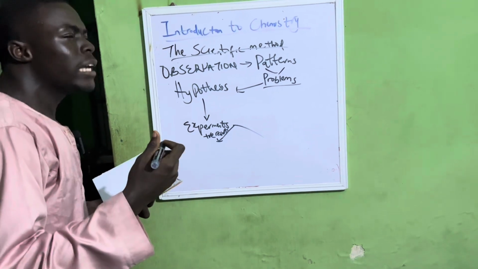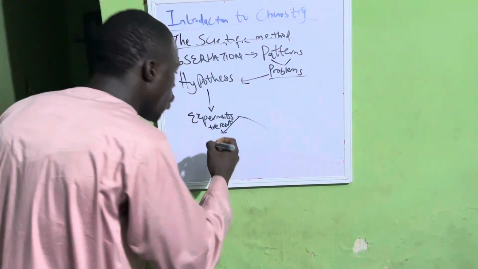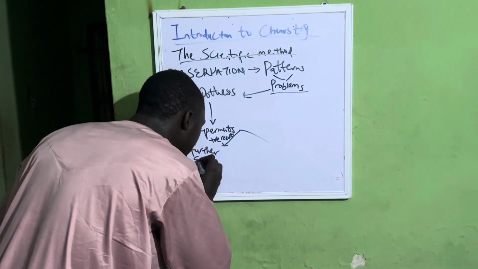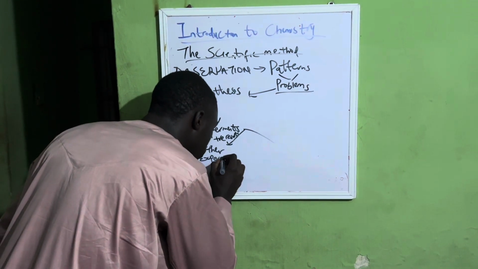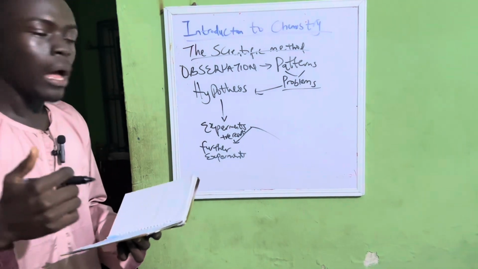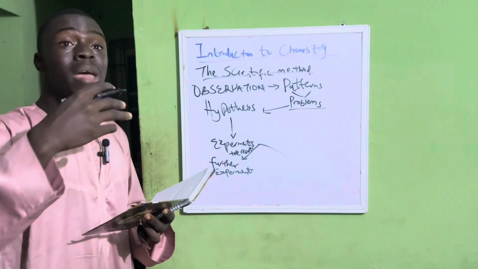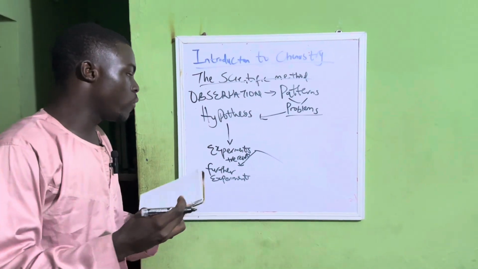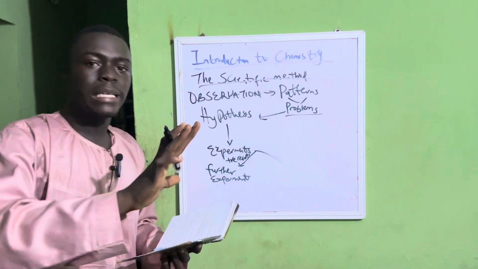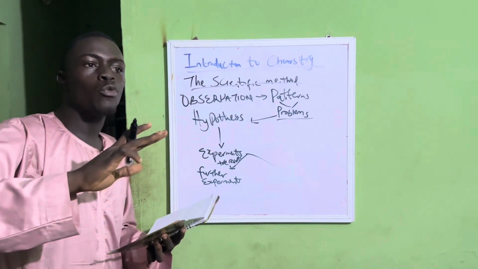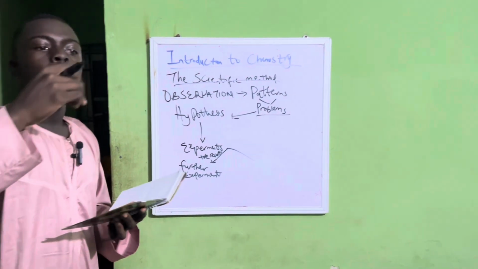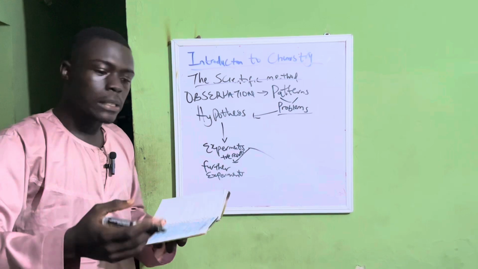Science will tell you that you need to go on to make further experiments. It's not because you've made an experiment and you see a positive result that you just tell us that this one is like this. Automatically you don't know what you are doing. So you need to continue making experiments to prove what you've noticed.